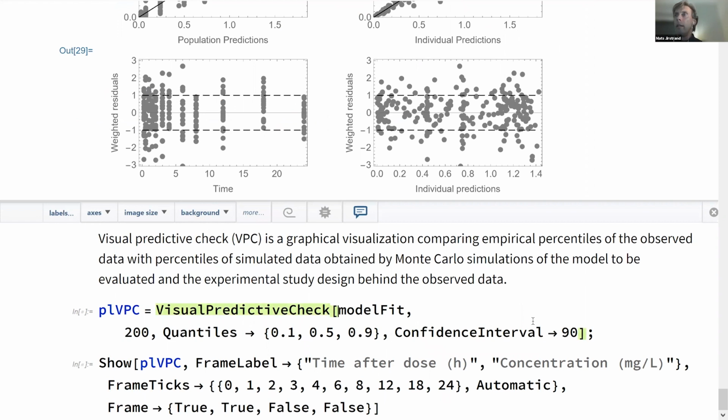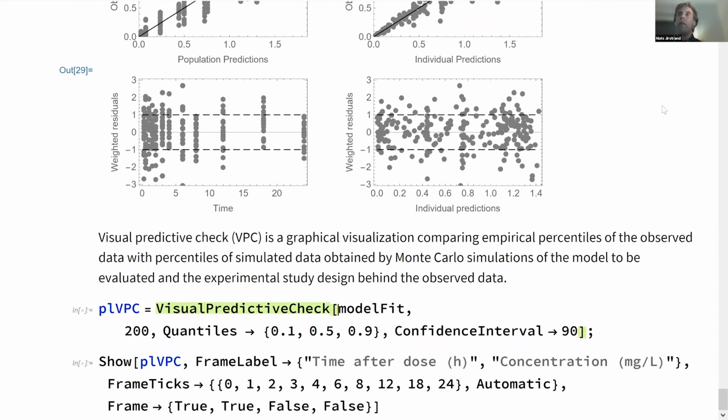And we also have something called visual predictive check, which is quite a nice and well spread model evaluation tool in this area. And essentially what you do is that you say, okay, we have the model fit object, it contains data and the model structure, but now you simulate 200 clinical studies of similar kind to what the data was for.